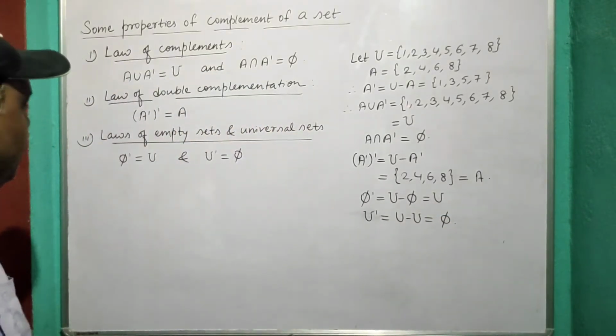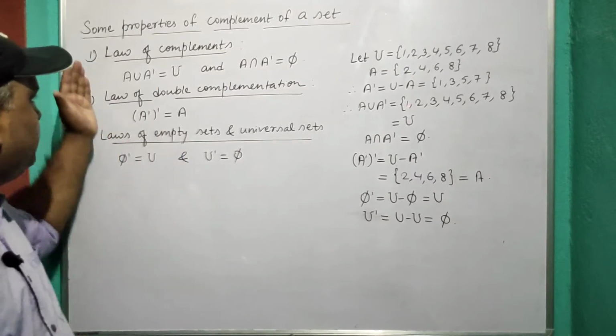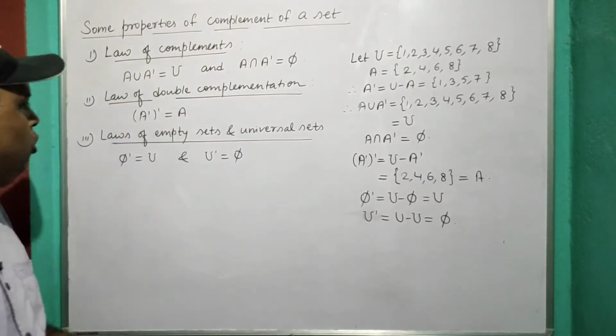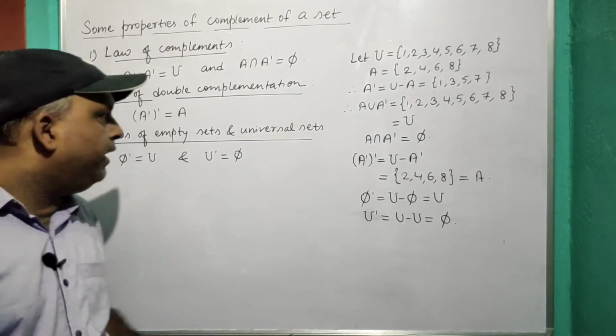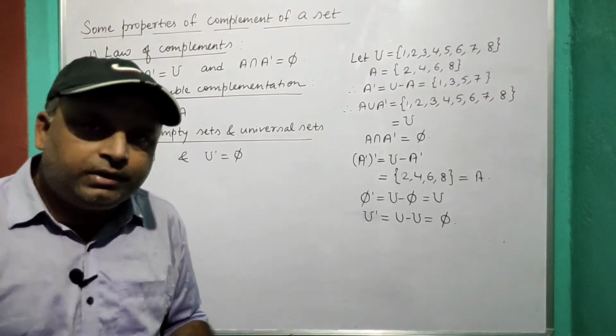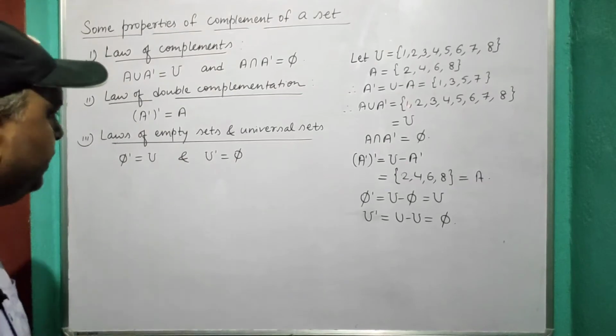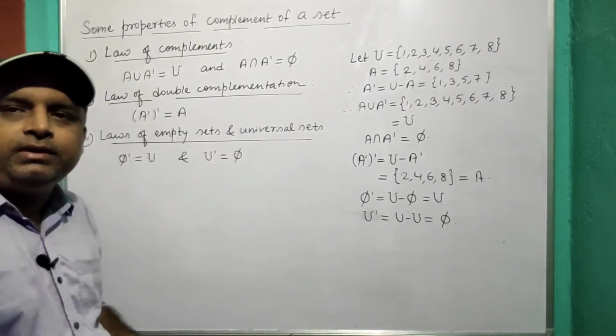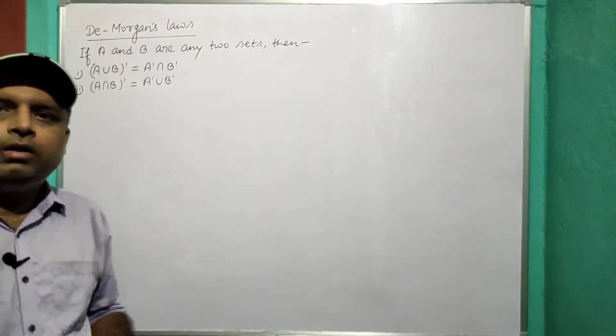Okay, so we have discussed three laws. First one is law of complements, then law of double complementation, and laws of empty sets and universal sets, and the last one is De Morgan's laws. So now I am going to discuss the De Morgan's laws.